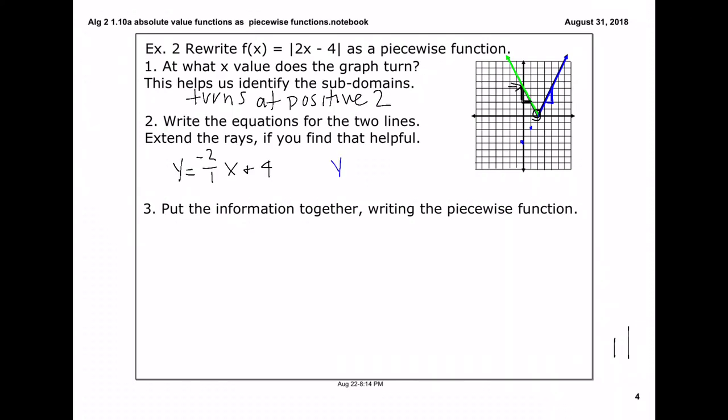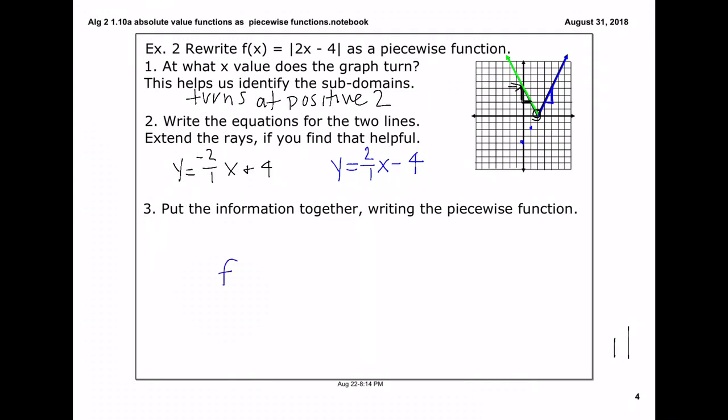So in this case, I would have y equals, we said our slope rises 2, runs 1, x, and our y-intercept is -4. Then what we're going to do is put the information together, writing the piecewise function. First we want to start with our subfunctions.